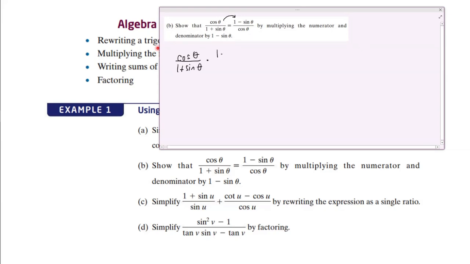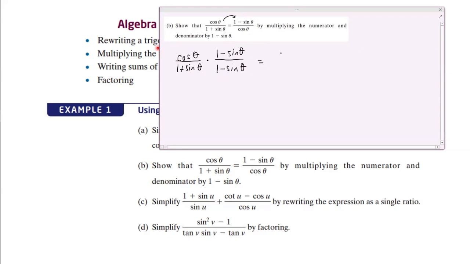And we're going to multiply it by 1 minus sine of theta over 1 minus sine of theta. Okay, so this is just a well-chosen one, and we can multiply anything by 1, and it retains its identity. So we're not changing it. We're just looking at it in a different way.